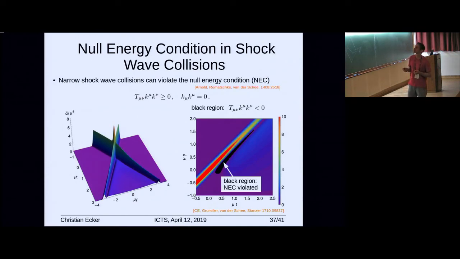So the null energy condition is the statement that the projection of the stress tensor onto two null vectors must be positive. And here I show you a plot of a cutout of this region, and this narrow black region, in this region, the classical null energy condition is actually violated.